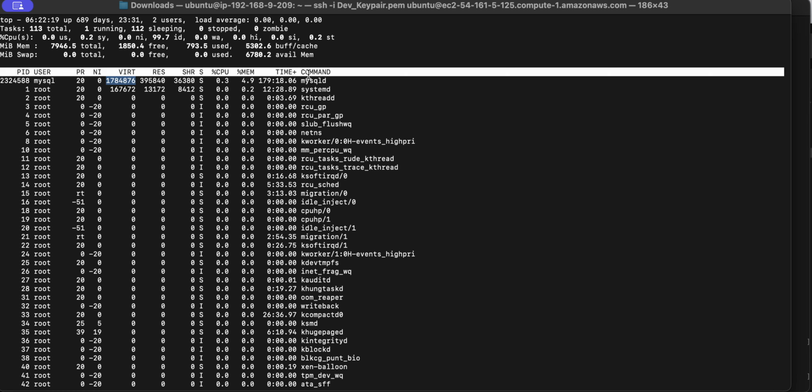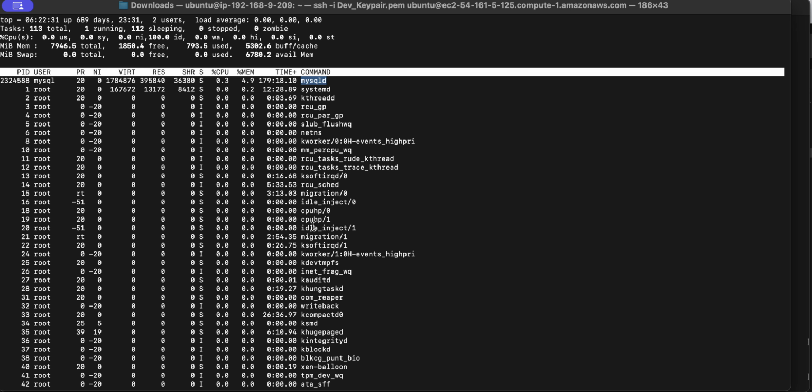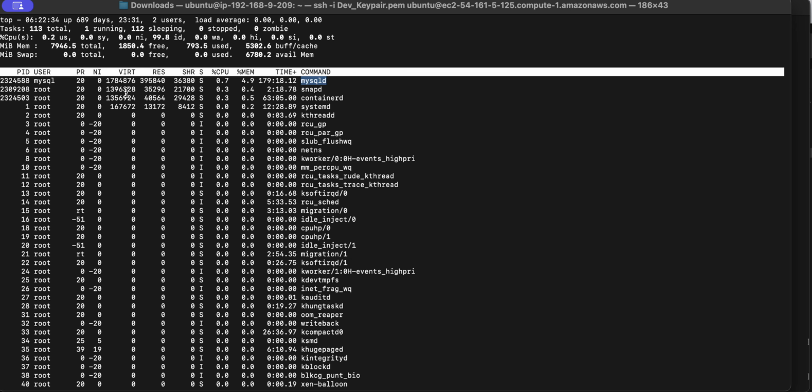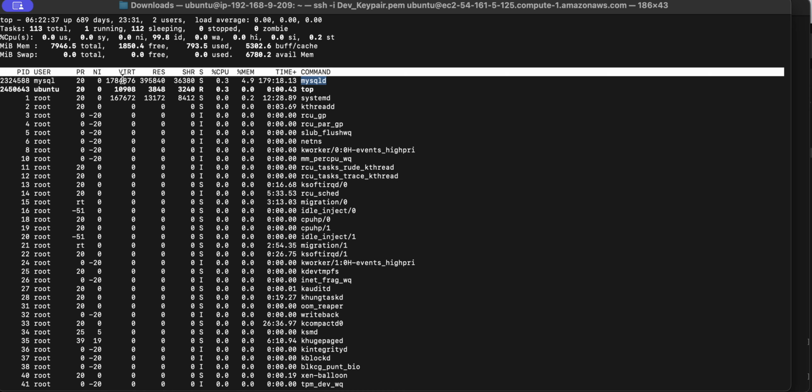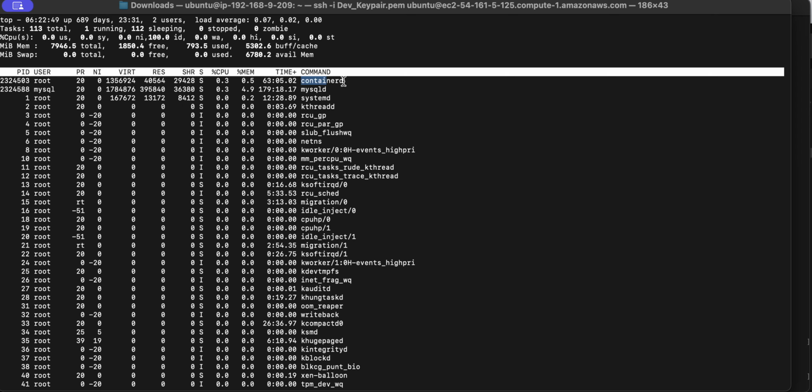Resident is just used by this process. So in this scenario, let's suppose this is MySQL. There could be some libraries which are using some memory. Those will be covered under virtual memory but not under resident. So resident is just the one which is used by this process.